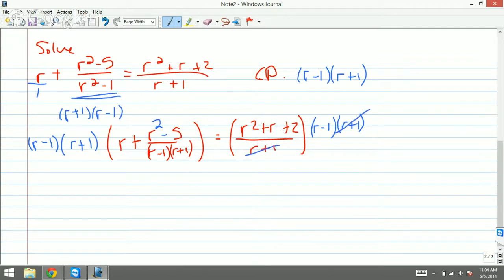So on the right, I'm left with what remains. Again, on the left side, we have to distribute, right? So yeah.